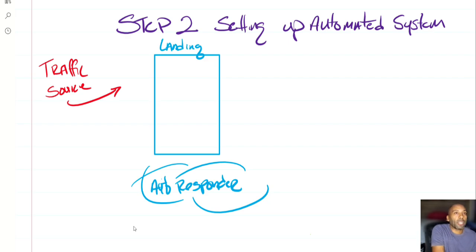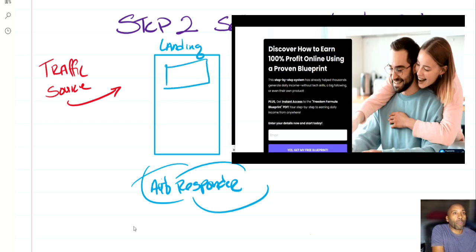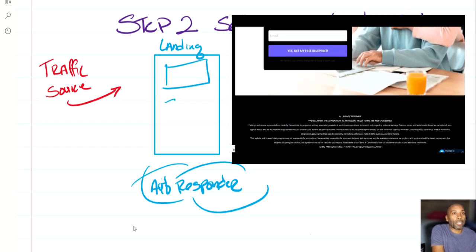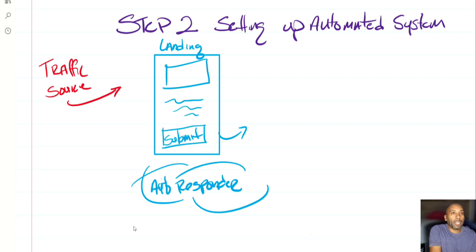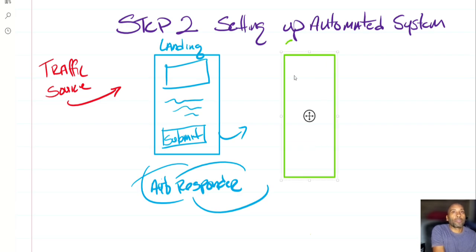This landing page will consist of probably an image or a video, some description text, and then the box. Once they click the submit button, they are taken over to the next page, which is the sales page. This is what it looks like.